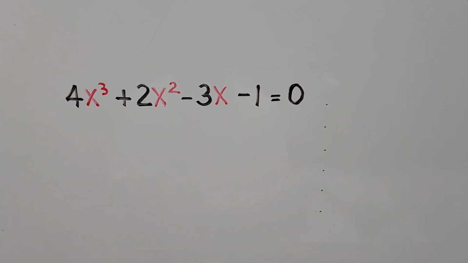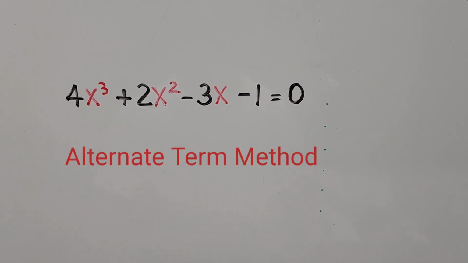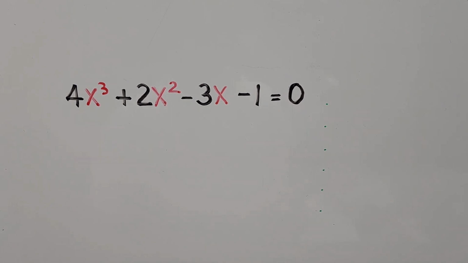And so how do we solve this cubic equation? Here, we're using what we call the alternate term method. In the alternate term method, we're considering the alternate terms of the cubic equation to find the first root of x. That means we're taking the sum of the coefficients of the alternate terms of the cubic equation.